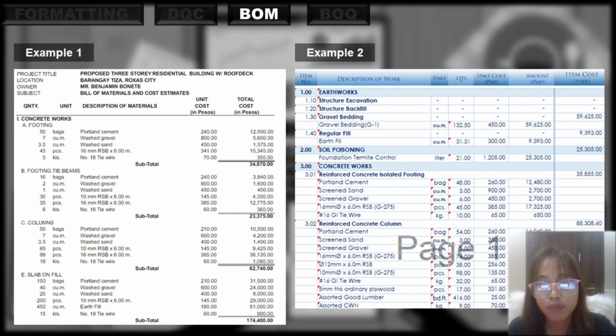We can simply differentiate the appearance and the presentation of data, but as we can see, they have the same concept because what's important is the list of materials needed and the costing. Most BOMs include the following elements like project name, description, quantity, cost, and the unit of measure. This includes components and parts, but it does not include labor.